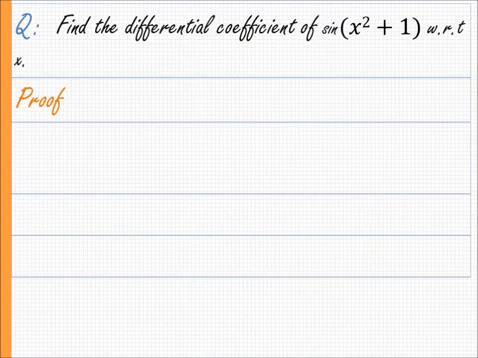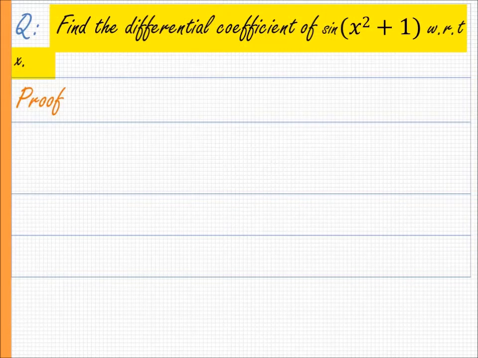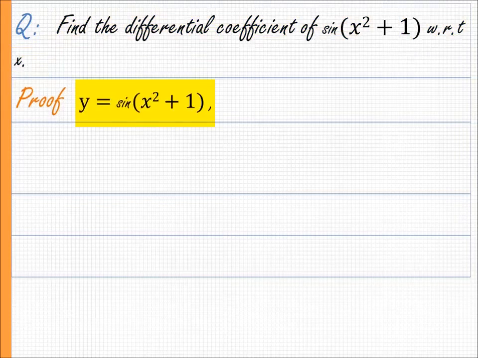Now let's solve our first question. Find the differential coefficient of sine of x square plus 1 with respect to x. Here the function is y is equal to sine of x square plus 1, and let's make use of the chain rule.